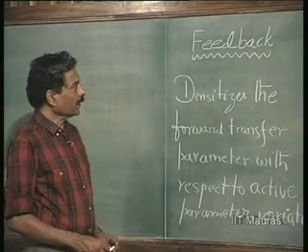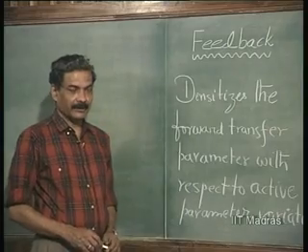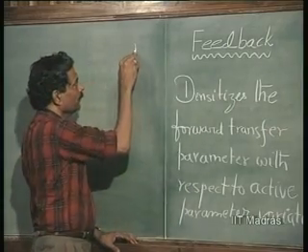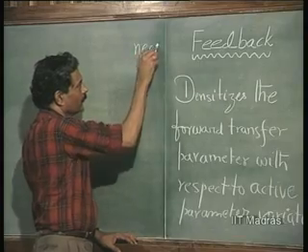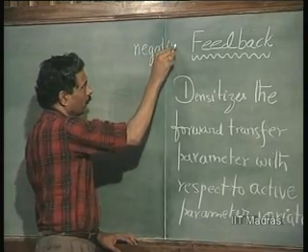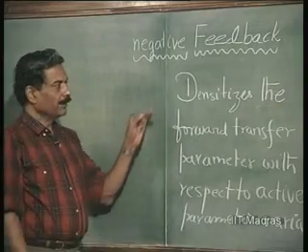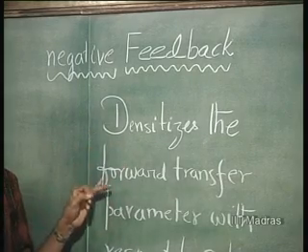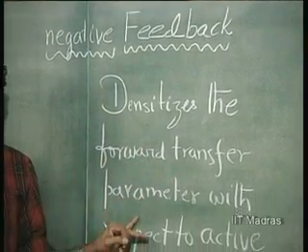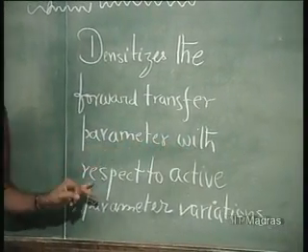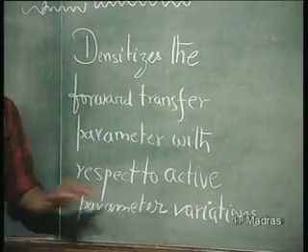So, in the last class we saw how feedback, particularly negative feedback, desensitizes the forward transfer parameter, whatever it is, gain, with respect to active parameter variations.